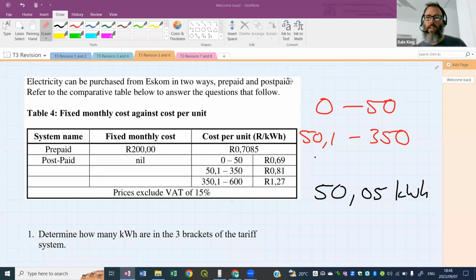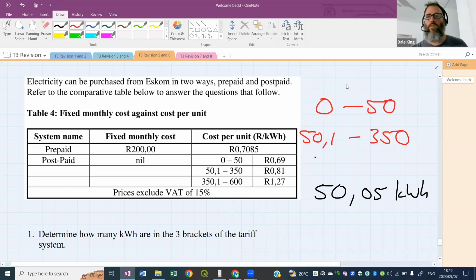The point I'm trying to make is this comma 1 here isn't actually a real value. It's just their way of saying anything over 50. All right, I hope you understand that. Zana, it should be the second one. It's not an actual value. It's just saying anything over 50.